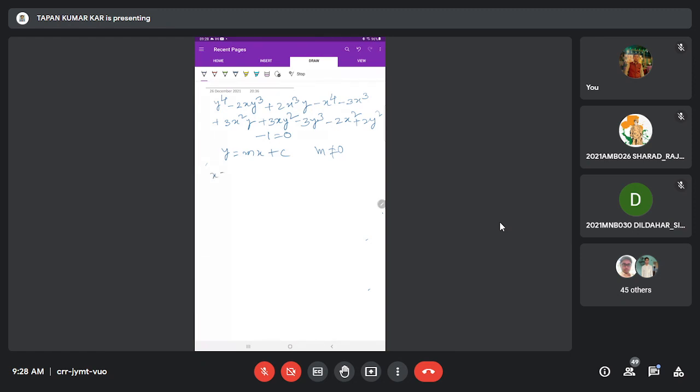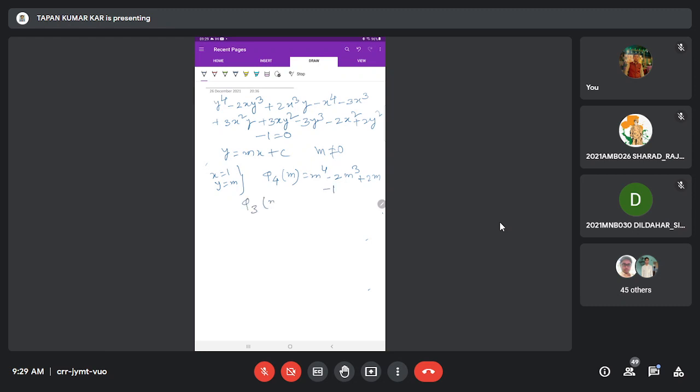Okay, anyway, when we use the phi n m method, we take x equal to 1, y equal to m. This is the working procedure. Taking x equal to 1 and y equal to m, we get that the highest degree is 4. So phi 4 of m equals m to the power 4 minus 2m cube plus 2m minus 1.